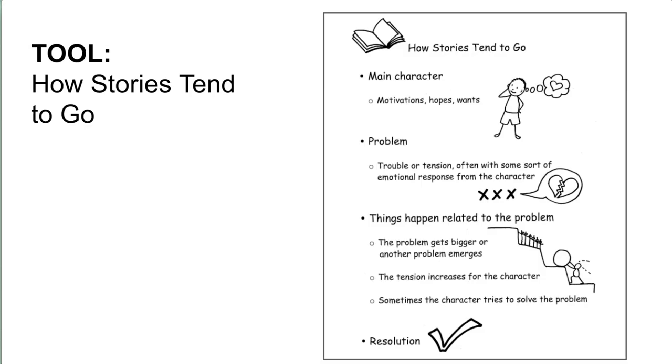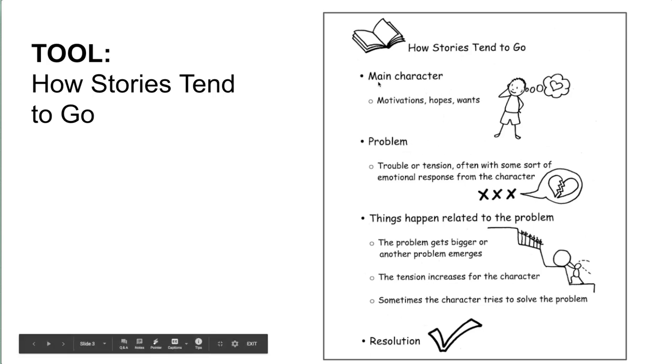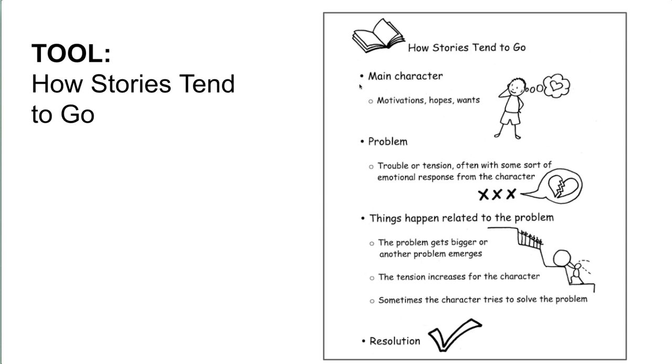You are going to need this tool that is attached to the lesson, How Stories Tend to Go. This is invaluable. This has all the different things that you need to include in a great story. So you need a main character, but just as important, this main character needs to have motivations, like hopes, wants, desires. There has to be a problem, some trouble or tension, something that's happening in the story that is provoking some kind of emotional response.